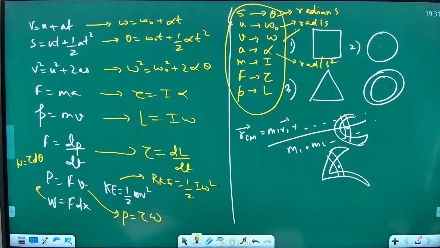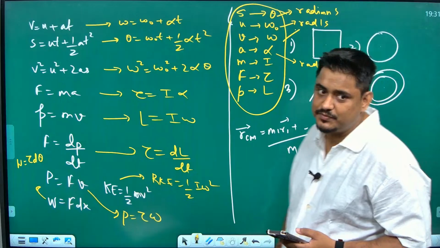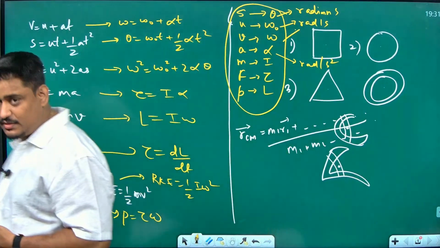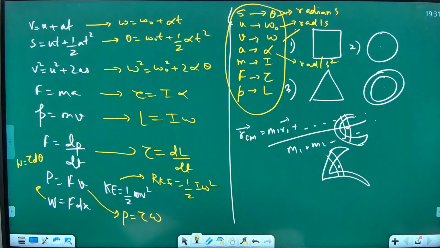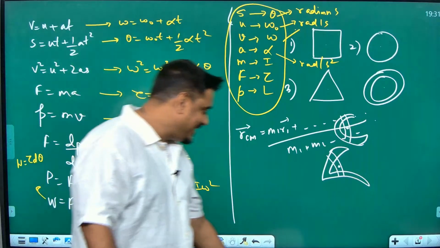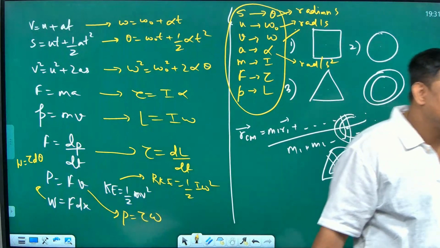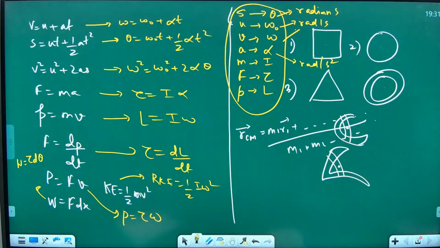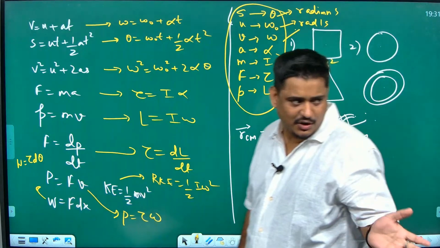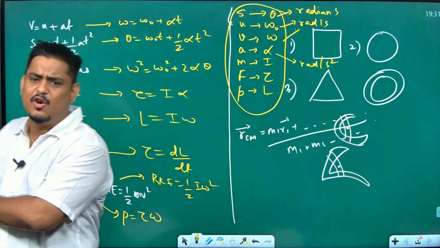Pi by 60 radian per second is wrong. Pi by 30 radian per second. Correct, good. You told pi by 60, it is wrong. Pi by 30 is correct. Common sense.